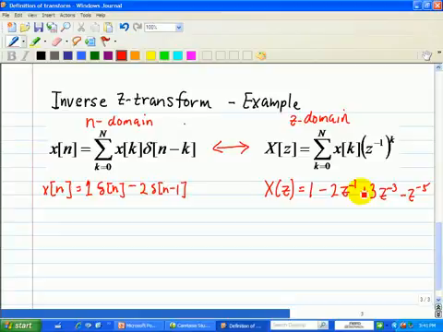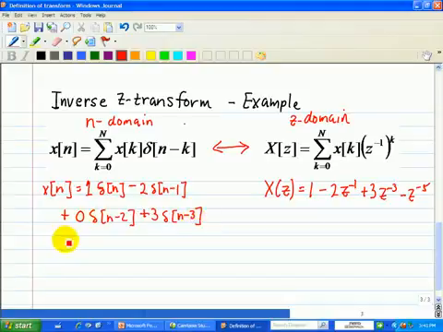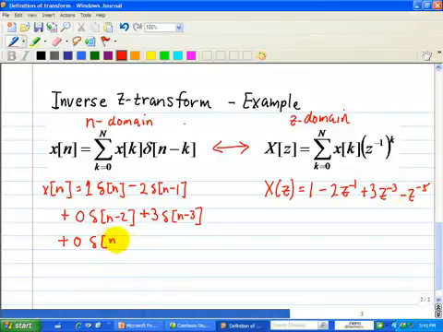We don't have any z^-2, so I'll just put this for emphasis so you can see that. So it's 0 delta[n minus 2], plus 3 delta[n minus 3], plus 0 delta[n minus 4], since we don't have z to the fourth.